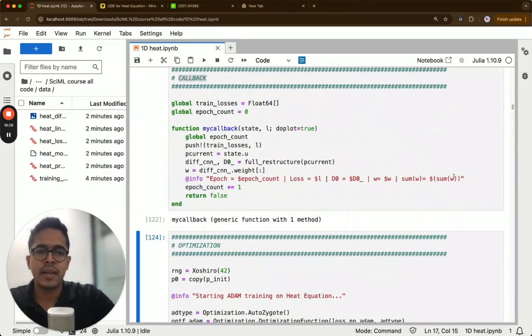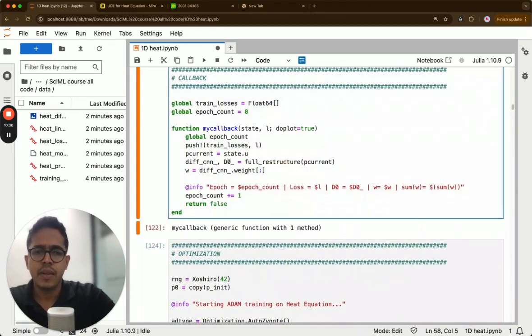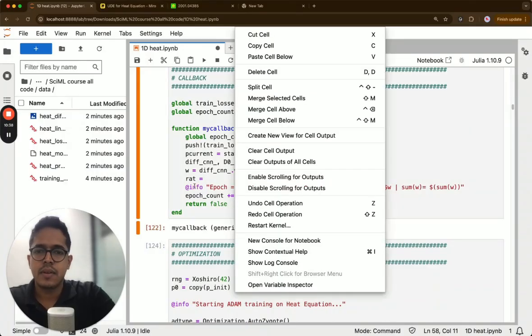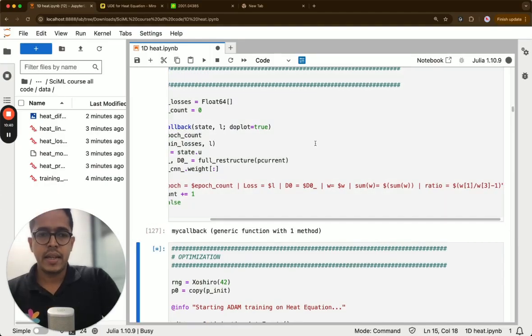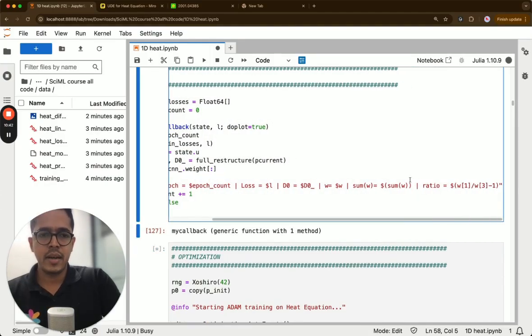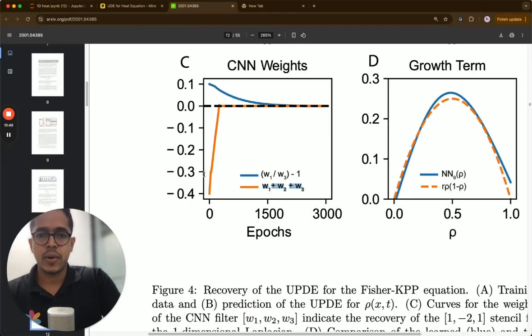So I don't need an extra variable. I can just print ratio equal to W1 of 1 divided by W of 3 minus 1. So that is what they have in the paper, W1 by W3 minus 1.